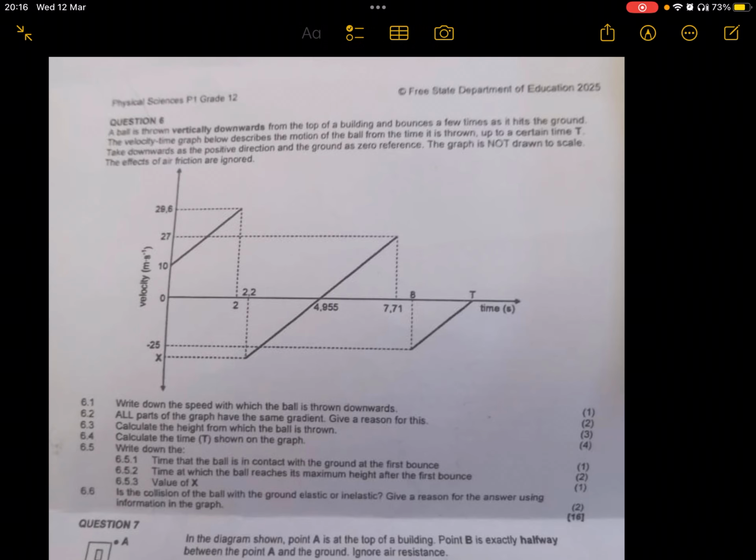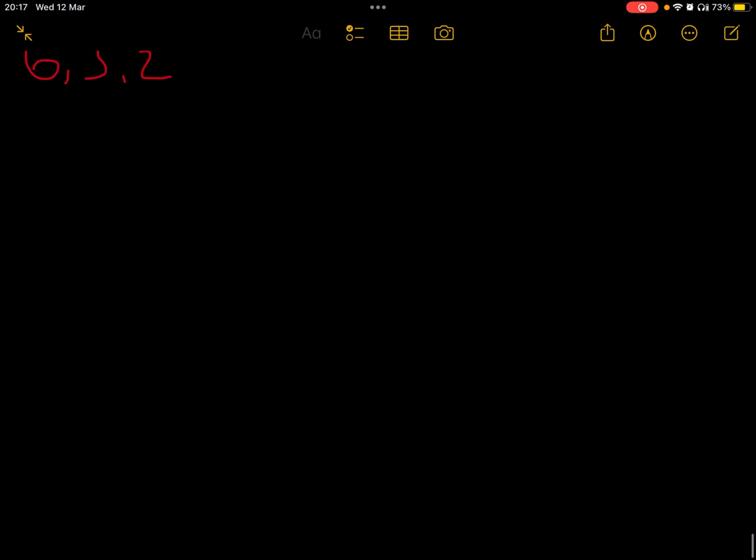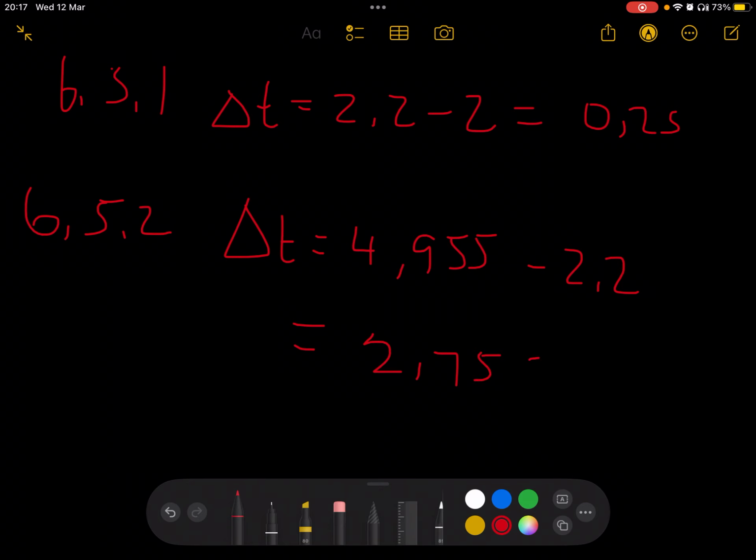From that point, we have the time being 2.2 up to when the velocity is 0. Remember, at maximum height, velocity is 0. So when velocity is 0, the time is 4.955. Therefore, what they are looking for here is delta t equal to 4.955 minus 2.2, which gives us 2.75 seconds.